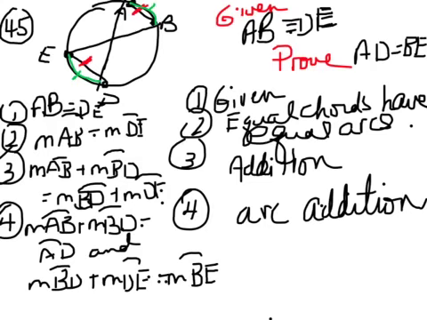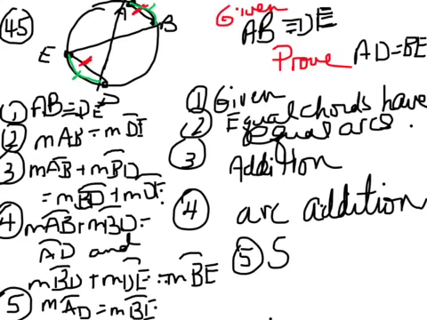Okay, now step 5, measure of arc AD is equal to measure of arc BE by substitution, and that's from step 4.